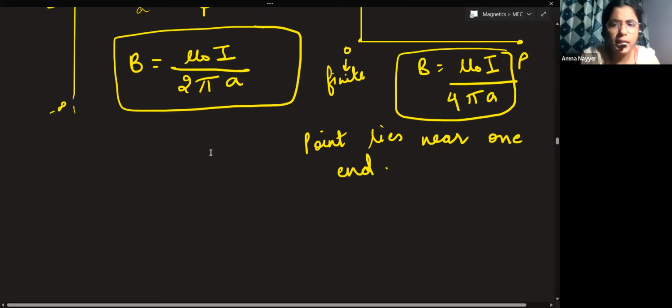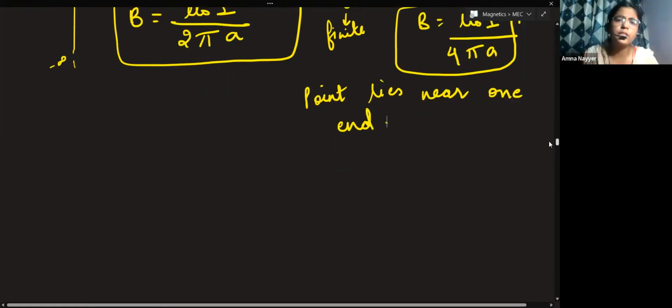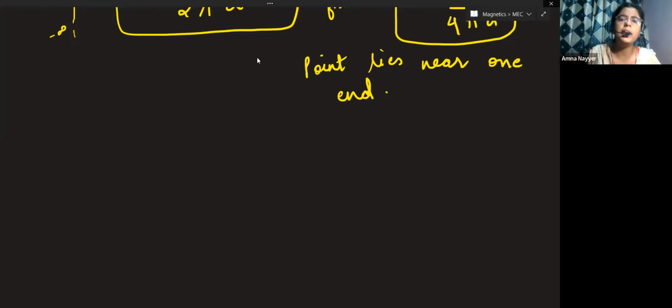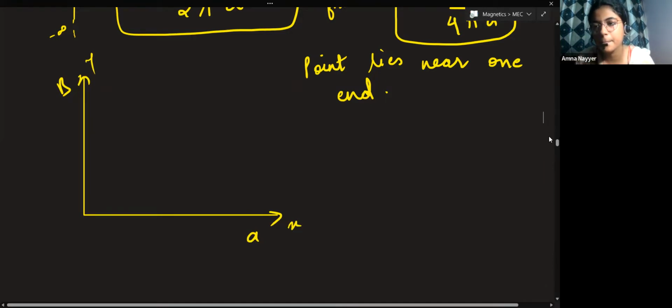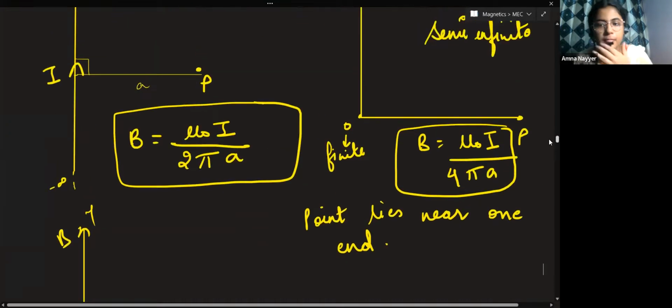One more thing, can anyone tell me the nature of the graph if I plot between B and A? This is B, magnetic field, on the y-axis, and this is A on the x-axis. Can anyone tell me the nature of the graph? How are B and A related?